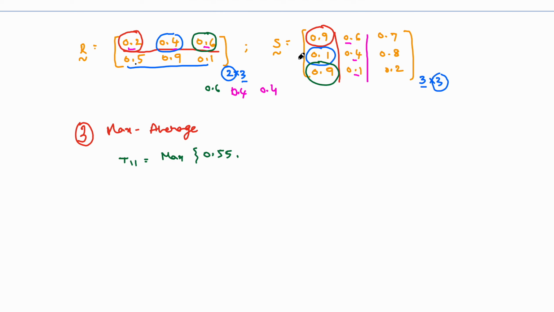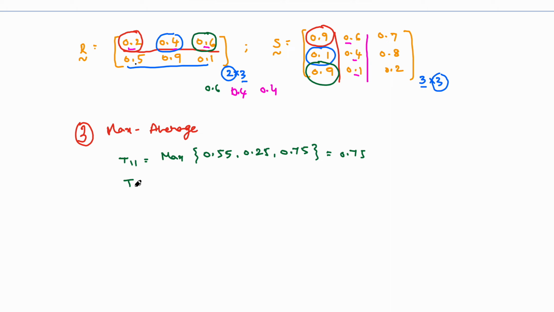Similarly 0.4 and 0.1 is 0.5, so it will be 0.25. And 0.6 plus 0.9 is 1.5, divided by 2 will be 0.75. So the maximum out of these things is 0.75.